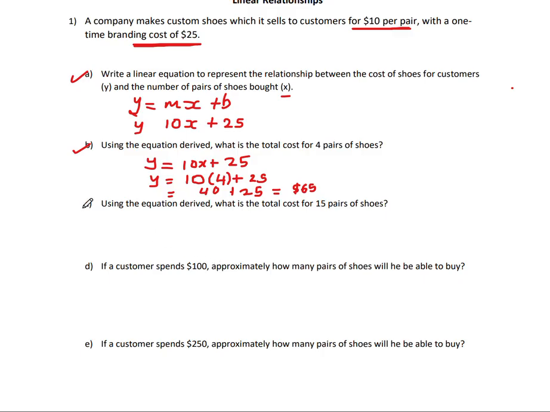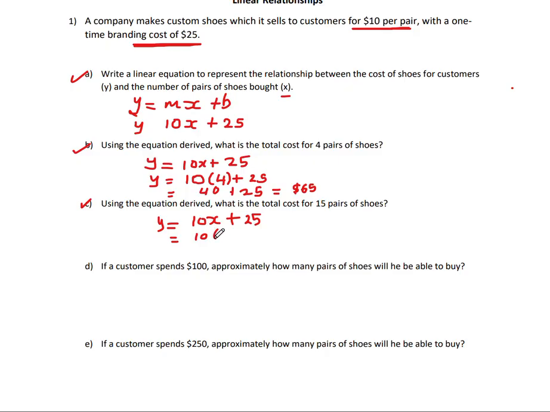Question C is similar. It says, using the equation derived, what is the total cost for 15 pairs of shoes? So again, we go y equals 10x plus 25. So again, what we'll do here is to substitute the number of pairs of shoes, which is 15, for x.